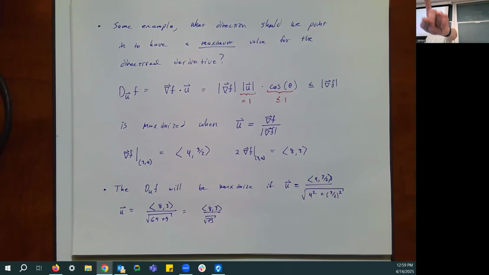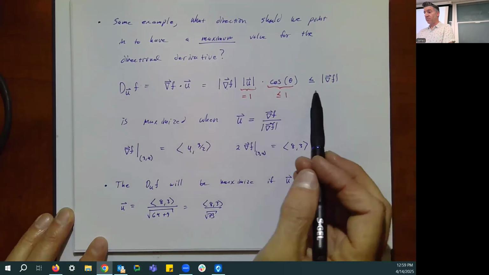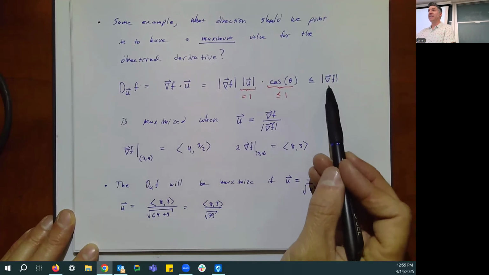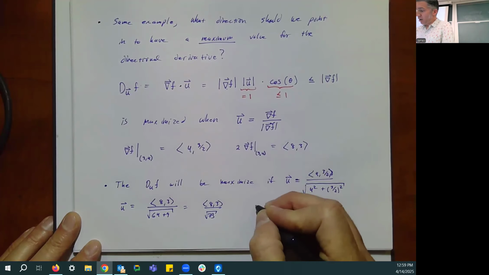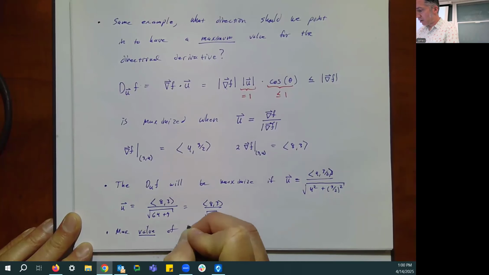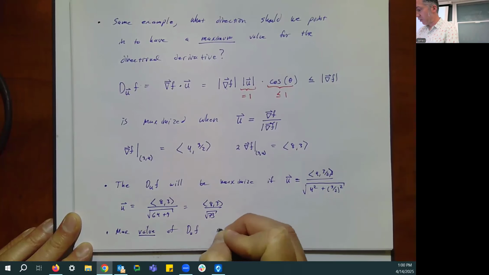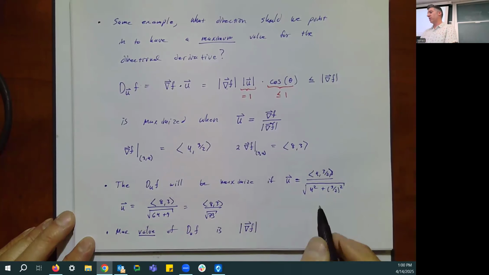Okay, and then the other thing I want to point out is, what is the maximum value? What is the steepest slope we can get? Well, again, if you look at the directional derivative, the most this can ever be is the magnitude of the gradient. So our maximum value of the directional derivative is going to be the magnitude of the gradient of f, which unfortunately we do have to compute.